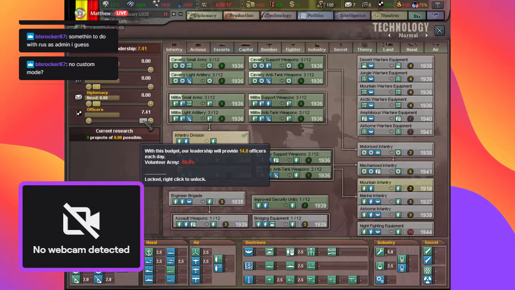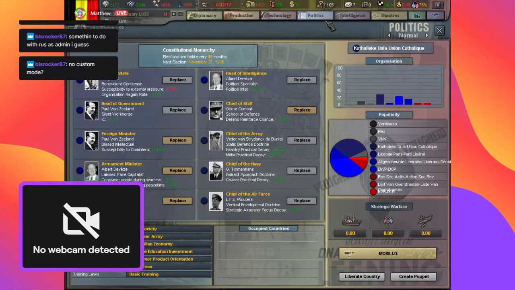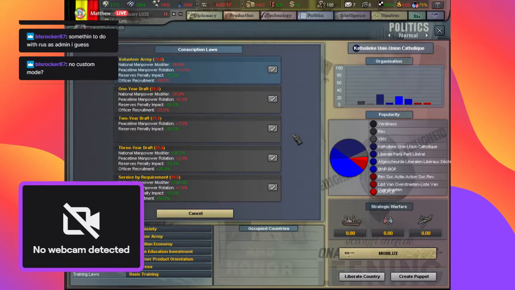Oh, for leadership, no, it won't. For this game, you don't have an impact on it, but for Hearts of Iron 4, it does have an impact, because if you go full service, then it does.